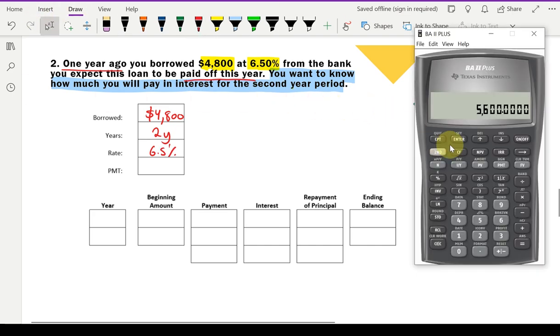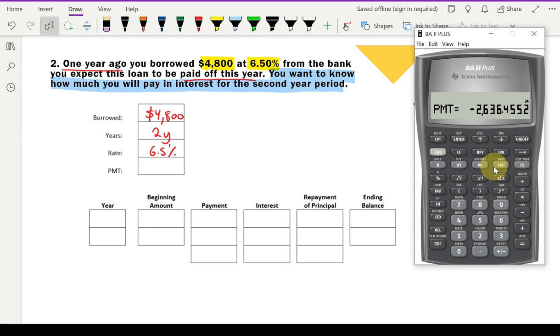First step, clear my time value of money. Left to right, how many years? This is 2 years. The interest is 6.5. Present value is what we borrowed, the 4,800. The payment is what we're looking for, and the future value is 0 because we're paying it off. We're going to compute the payment.